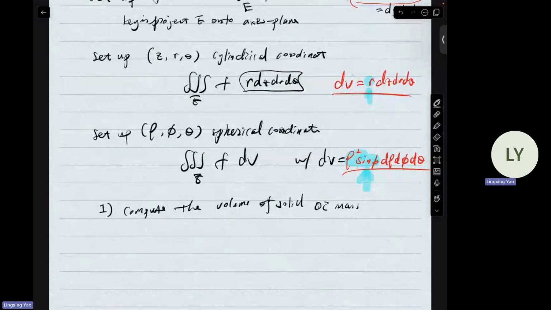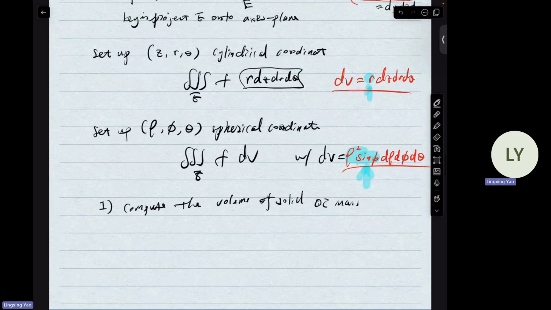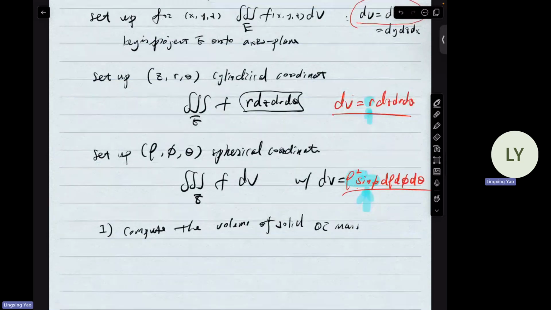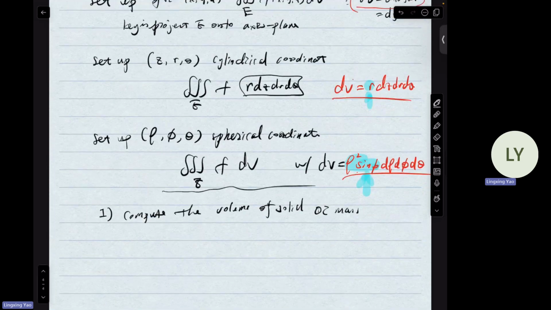Okay, and what else? Yeah, I think that's about it. And in many cases, especially in the spherical coordinates cases, things could be a little bit tricky. If you are not familiar with the spherical coordinates, I would urge you to go over the example again and look at those preparation questions for each week's quiz.